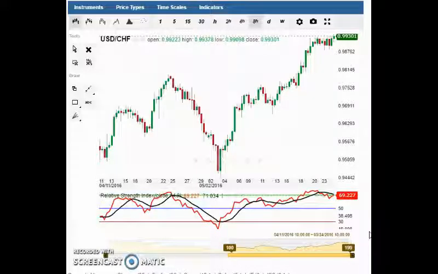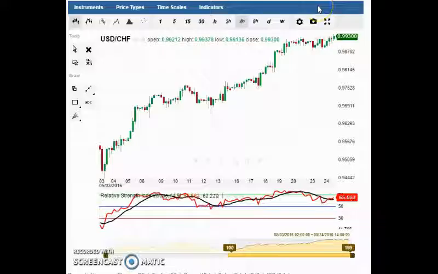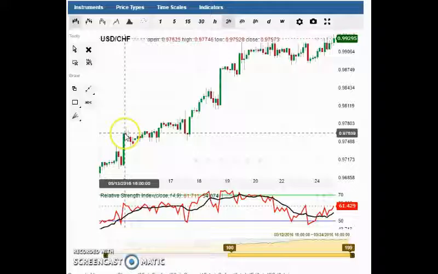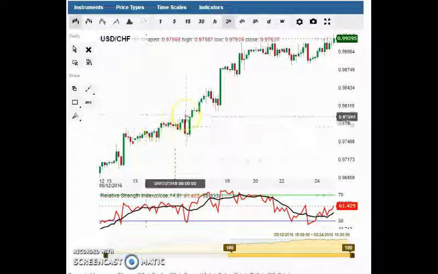So there's something else we want to turn your attention to. It's called a divergence, dear friends. So we'll find out what a divergence really is. Okay, so I think I saw this on my 2-hour chart. A divergence is when market price is creating higher highs.